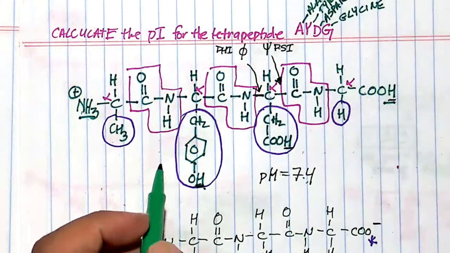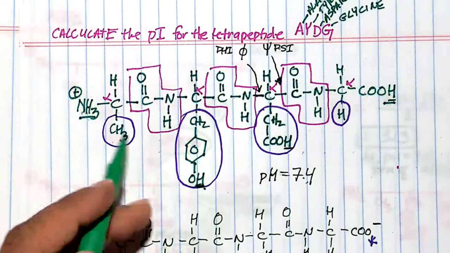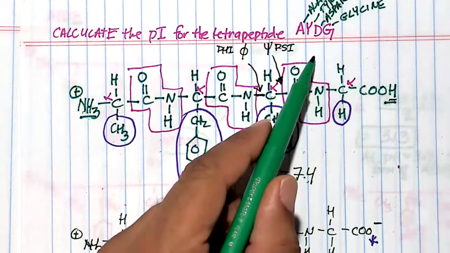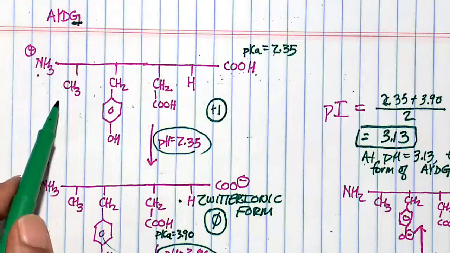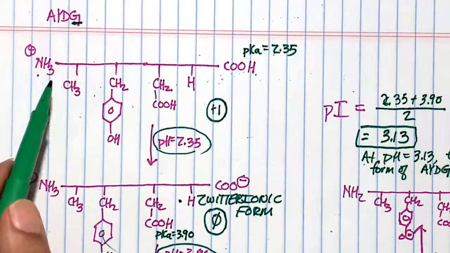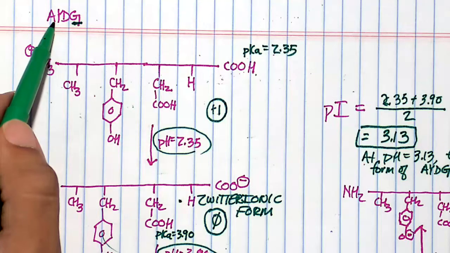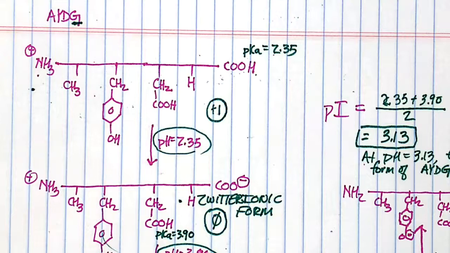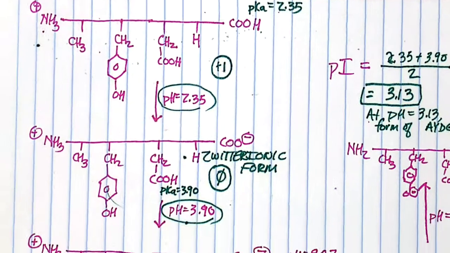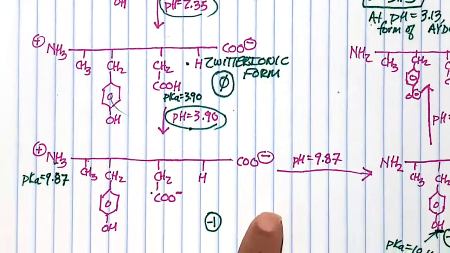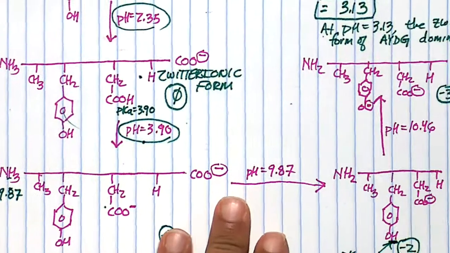So if you're given a question on the exam where you're asked to calculate the PI of AYDG, just start from here. Start with the fully protonated form of the molecule. In this example, it was the tetrapeptide, and then start ticking off protons according to their pKa values.